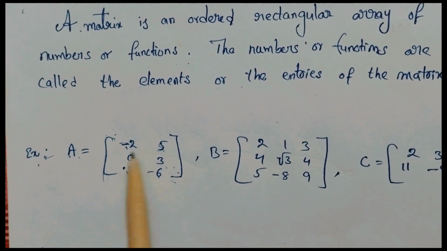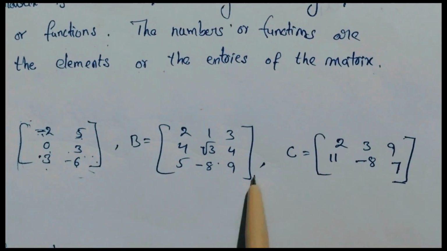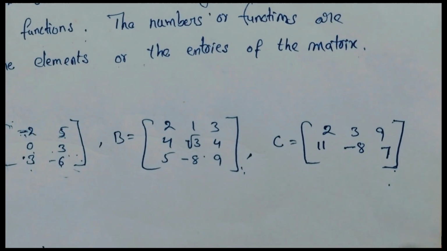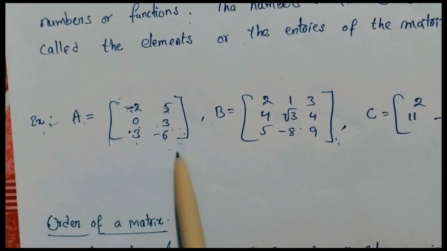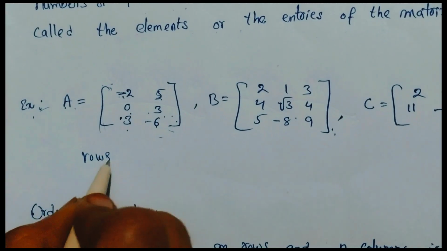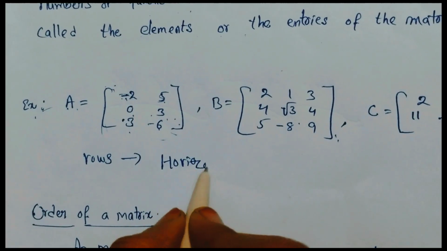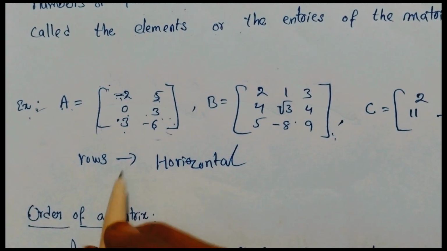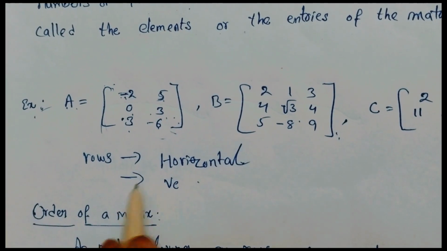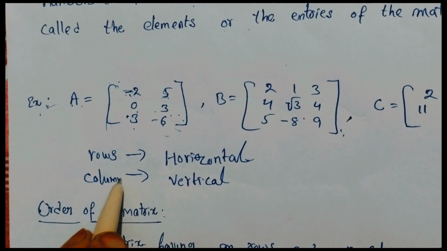In this rectangular array, horizontal lines are called rows, and vertical lines are called columns.